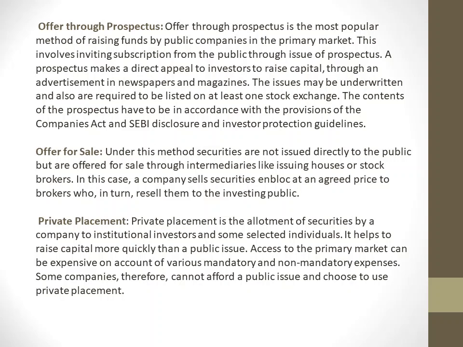Capital subscription means that now the company wants to raise funds from the general public, and for raising funds from the general public, it issues the prospectus. The prospectus is a legal document. It is just an invitation to the general public: come and buy our shares.